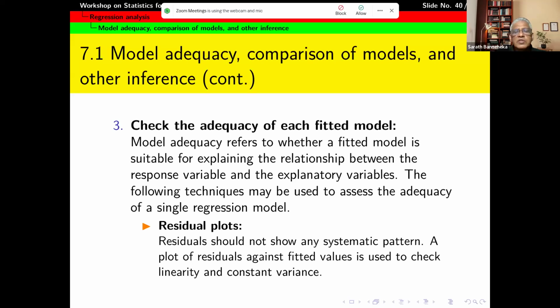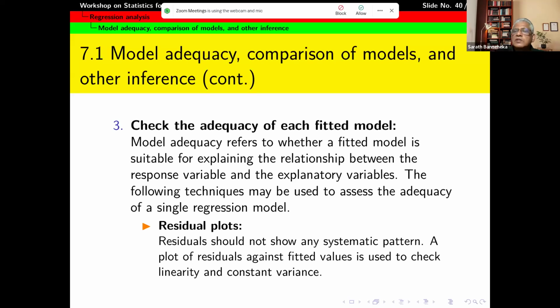So model adequacy refers to whether a fitted model is suitable for explaining the relationship between the response variable and the explanatory variables. The following techniques may be used to assess the adequacy of a single regression model. So adequacy, whether the model is adequate to describe the relationship between y and x's. That is the question, adequate.